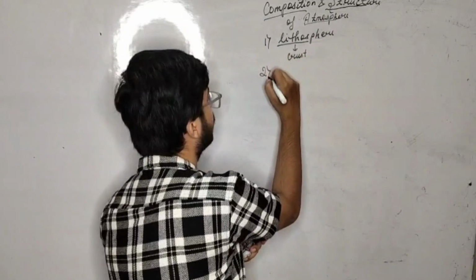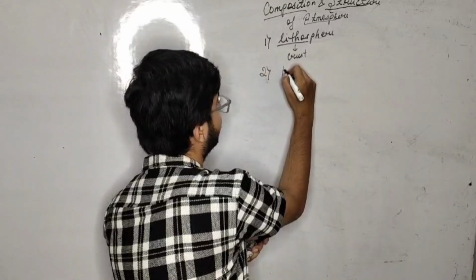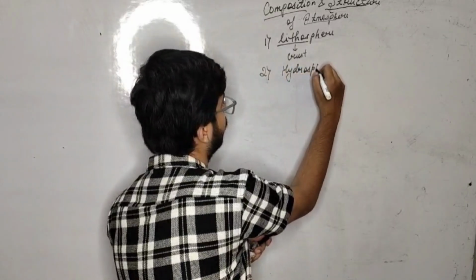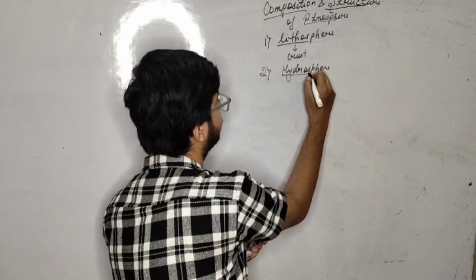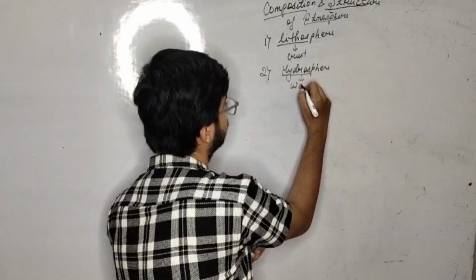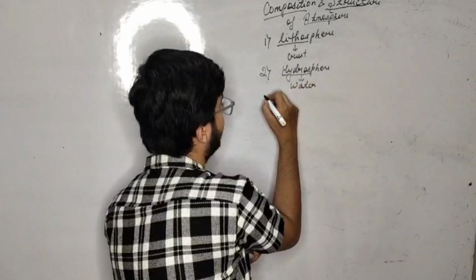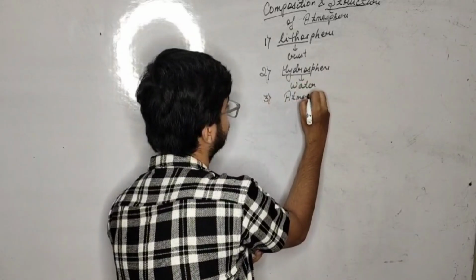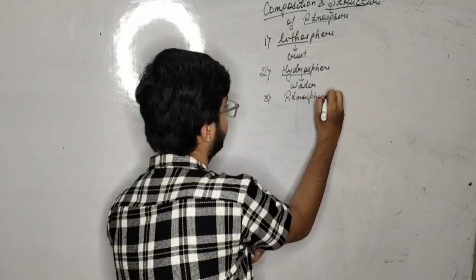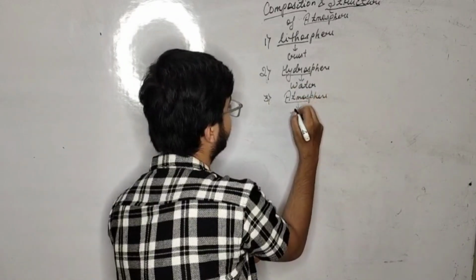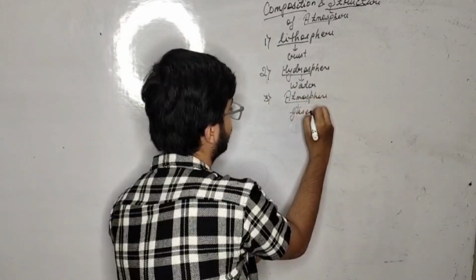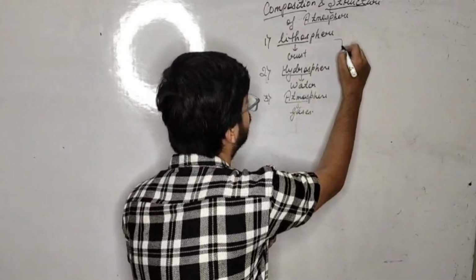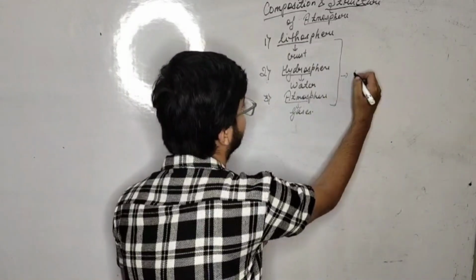Then number two is hydrosphere, where hydros means water. And number three is atmosphere, where atmosphere means different gases. And these three domains together make the biosphere.